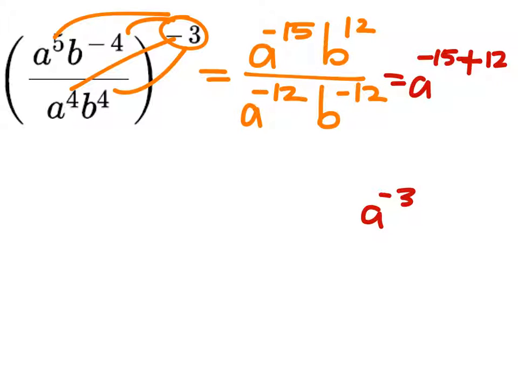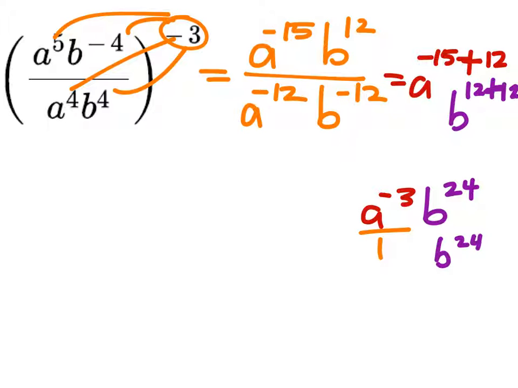And then the b's, b to the power of 12 minus negative 12. Now that's kind of ugly there. So minus negative makes that plus, and we get b to the power of 24. Then, of course, we would reciprocate the a to the power of negative 3, and this would be b to the power of 24 over a to the power of 3.